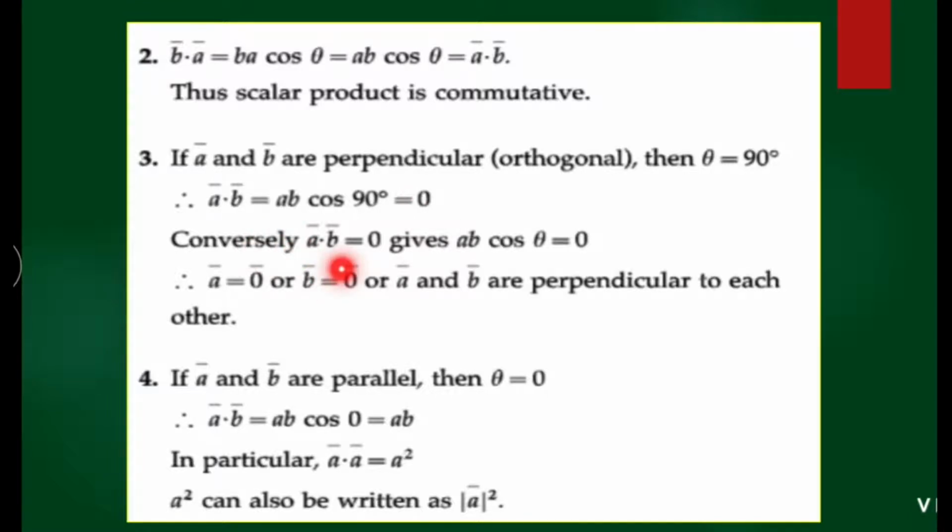Conversely, A bar dot B bar equals 0 gives magnitude of A into magnitude of B into cos theta equals 0. Therefore, vector A is a zero vector, or vector B is a zero vector, or vector A and vector B are perpendicular to each other. So from this we have two conclusions: either vector A is a zero vector or vector B is a zero vector, or the two vectors are perpendicular to each other.